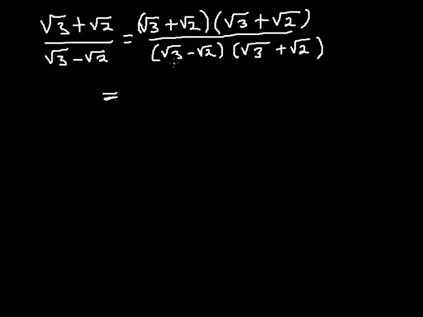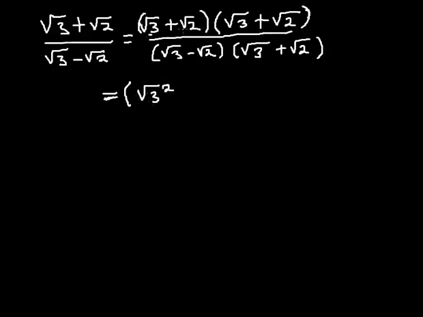Let's evaluate. In this case, for the numerator, I am expanding. It's not difference of 2 square. So in our shortcut of expanding, you know how we do that. Let me apply the shortcut. You take the very first parameter there, square it, that's root 3 square.